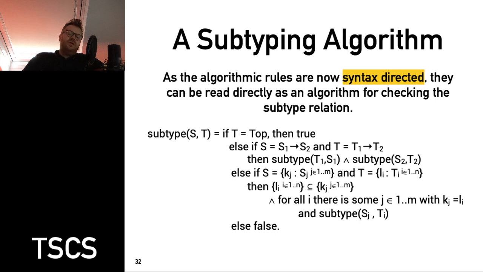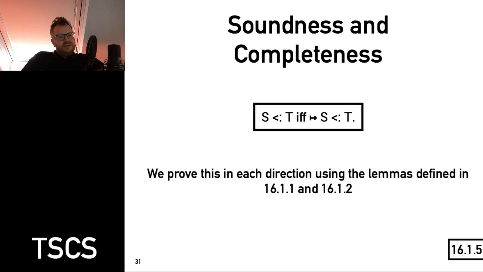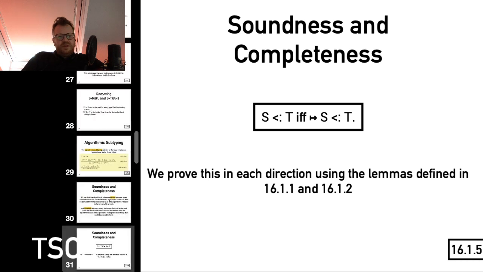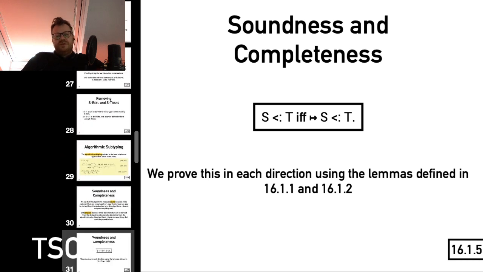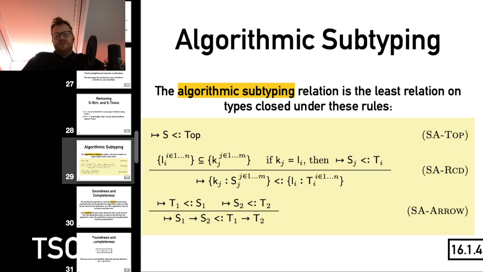So now subtyping in an algorithmic form has a very unique property. It's so-called syntax directed. And the nice thing about that is we can really implement that, because if we just quickly jump back to that slide with the rules, if you look now at the rules, the conclusions of these rules are very, very different.